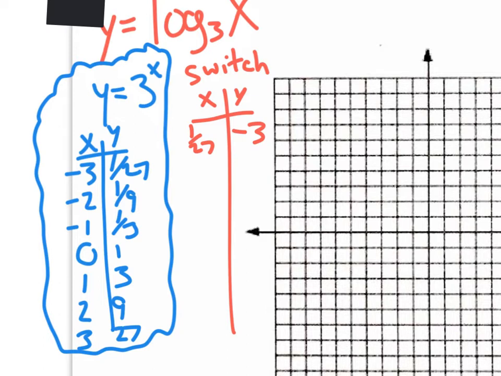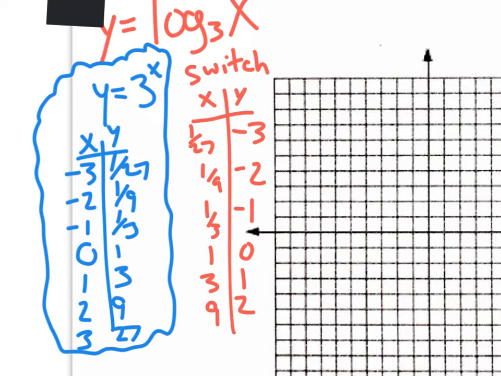Instead of -2 and 1/9, I want to have 1/9 and -2. Instead of -1 and 1/3, I want to have 1/3 and -1. Instead of 0, 1, I want to have 1, 0. Instead of 1, 3, I'll have 3, 1. Instead of 2, 9, I'll have 9, 2. And of course, instead of 3, 27, I'll have 27, 3.